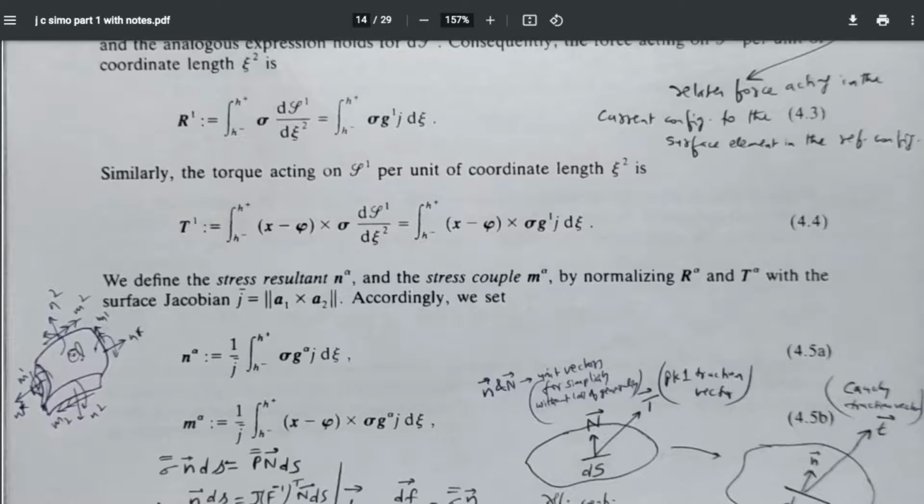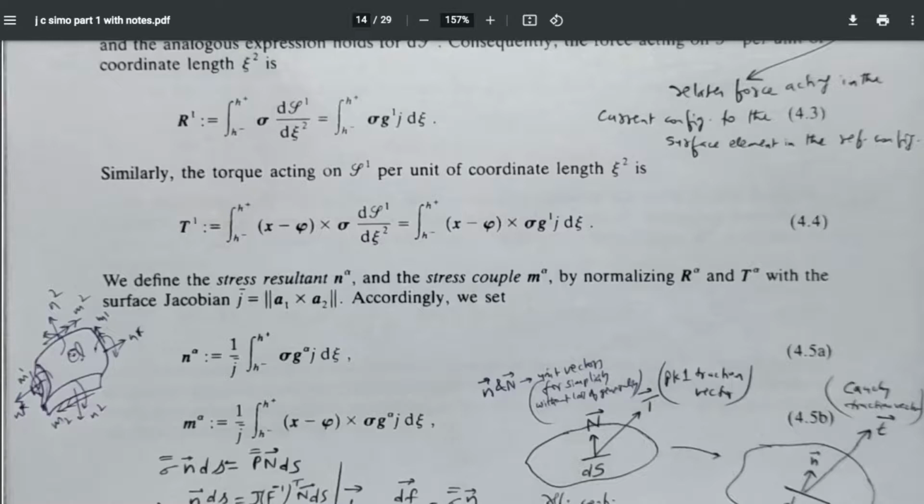So we take x minus phi, and we get the component of moment along the director vector, and that we take cross product with the force sigma times d small a. So we will get this m alpha, and in the same way we can resolve m alpha along these components.